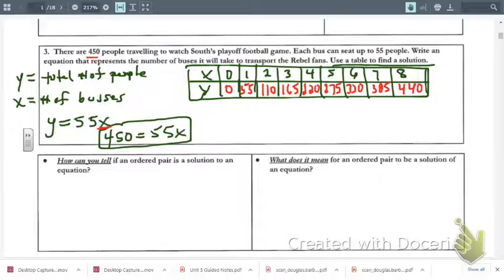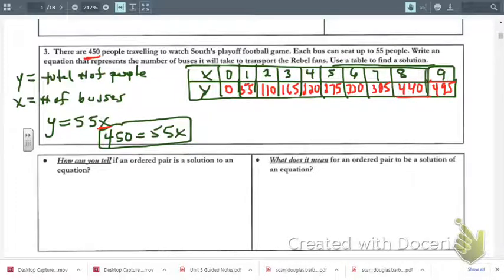So we're going to have to go one more spot here. Alright, so nine buses can move 495 people. Okay, so notice that if you take 8 buses, only 440 people can travel. Well, there's 450 people, so you're going to have to take 9 buses.